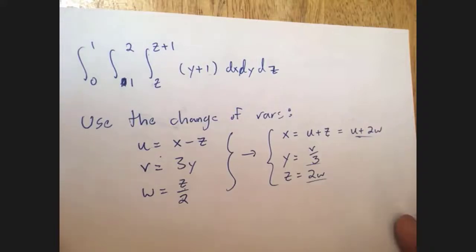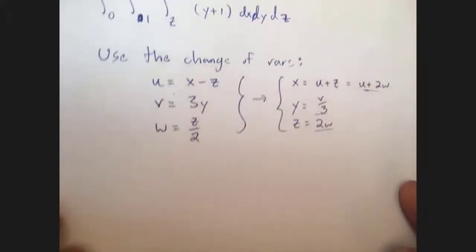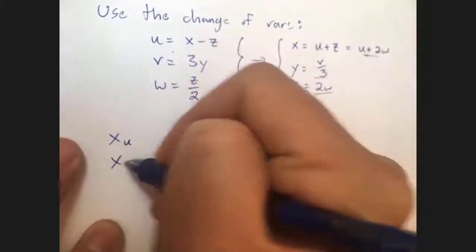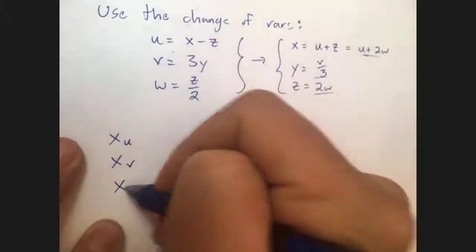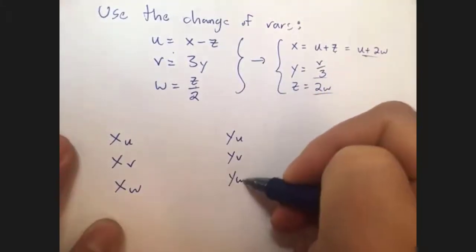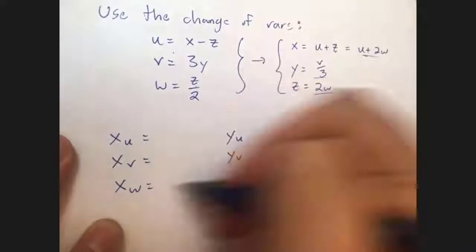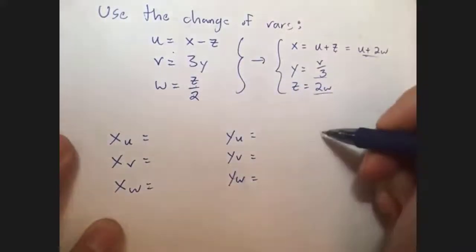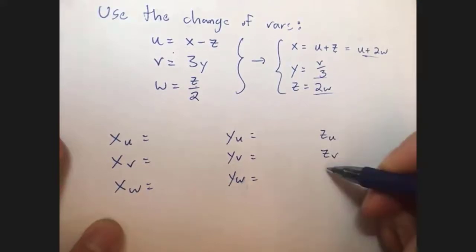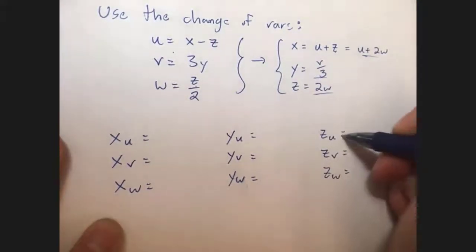Okay, so to compute the Jacobian, we're going to need to compute the derivatives. So we need to find xu, xv, and xw. We're going to need to find yu, yv, and yw. And we're going to need to find zu, zv, and zw.